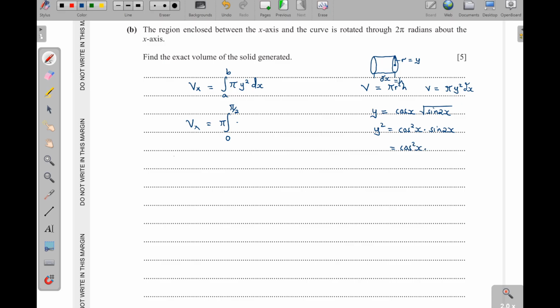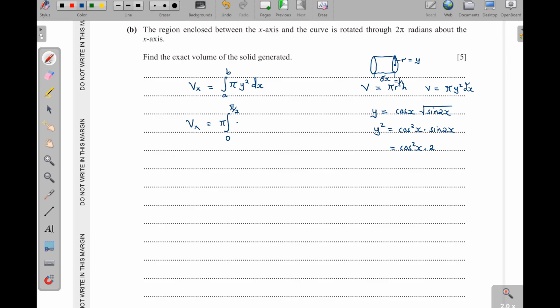But also sine 2x, because now this one is going to be a product of two functions. But all of them are trigonometric functions, so we cannot use integration by parts, because we use integration by parts when we are having a product of two functions, but the functions have to be different. You get it? So here I have to simplify it.